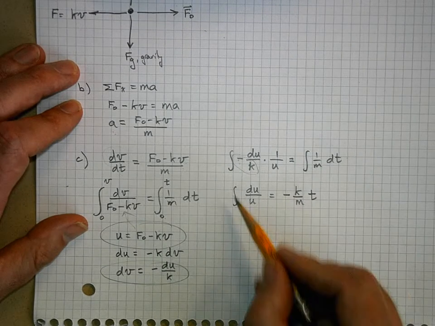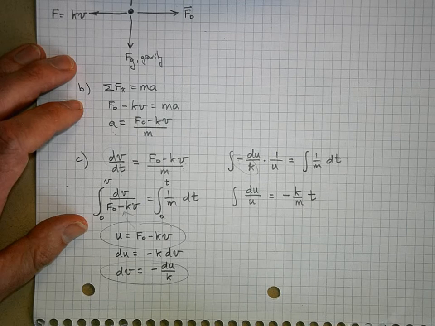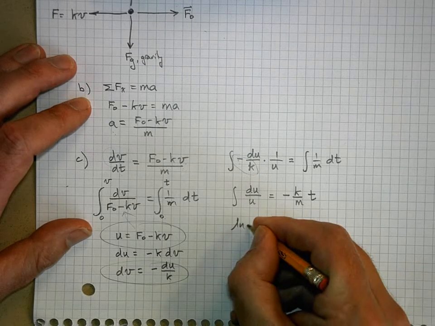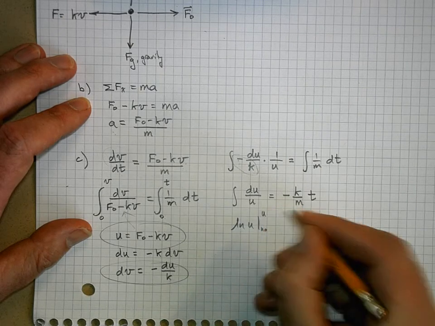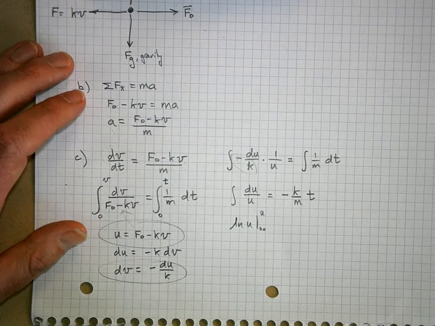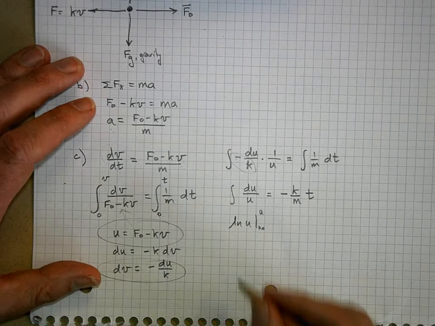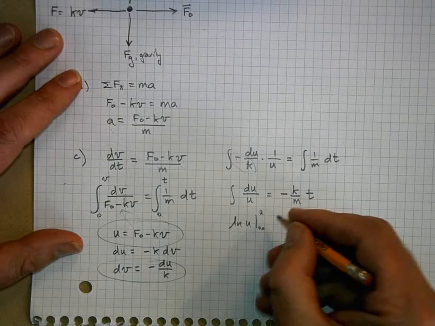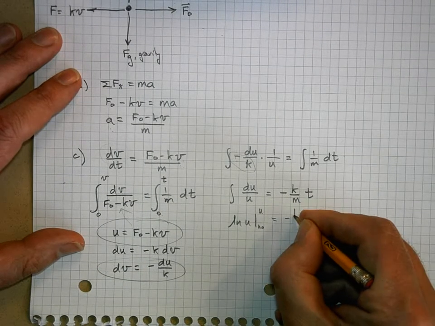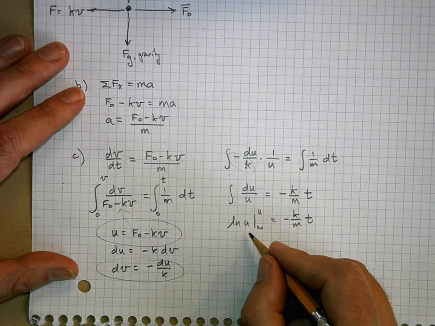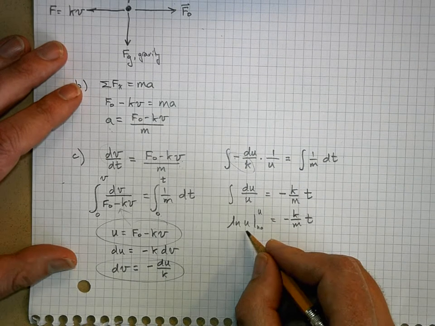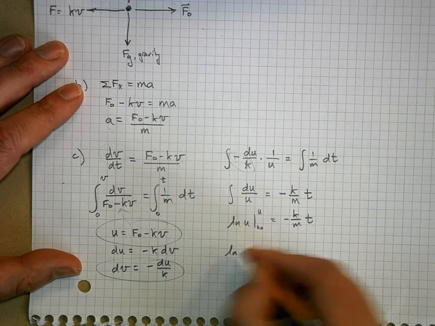Now, this is something that you know how to do, right? This is the natural log of u, and we're going to go from u naught to u. And now we'll do the back substitution, right? So this is the natural log of u.